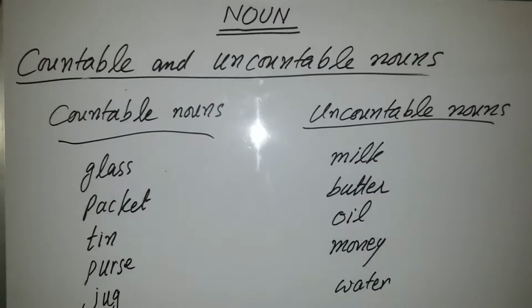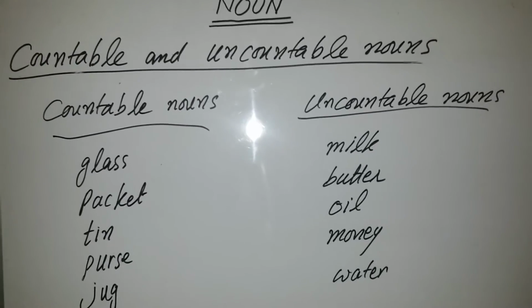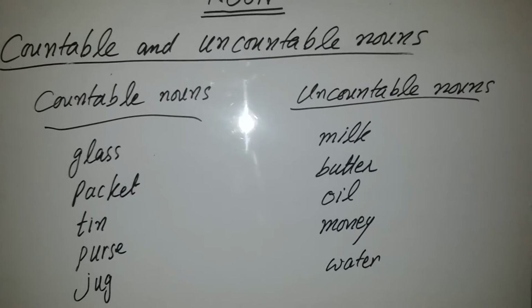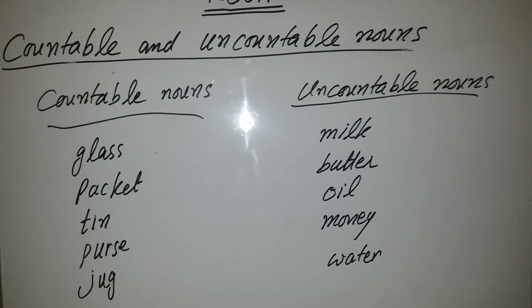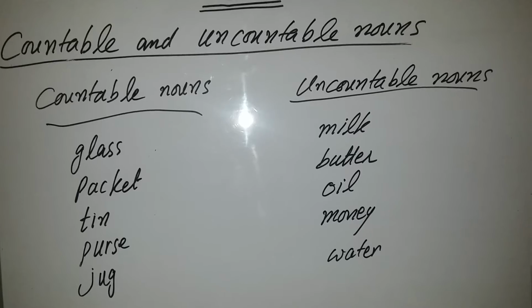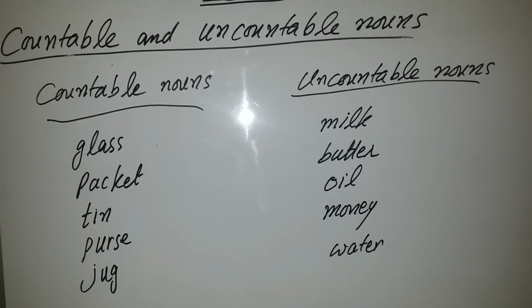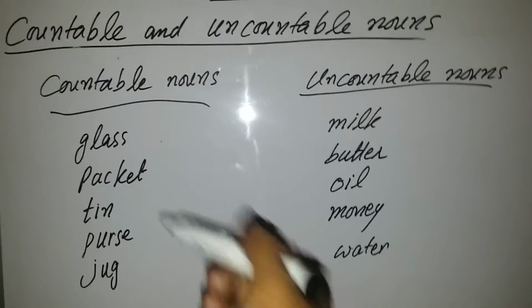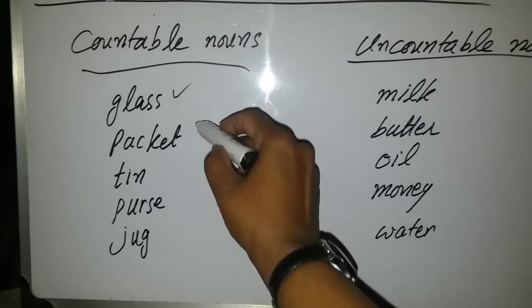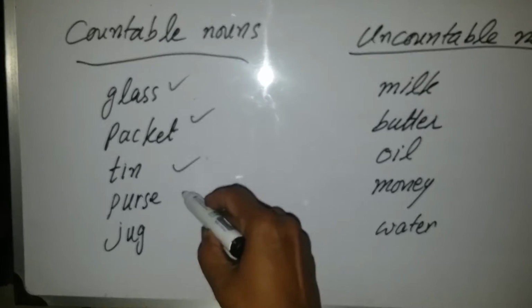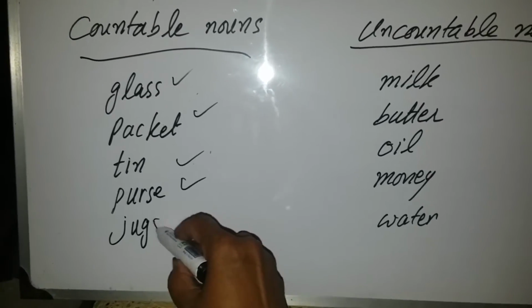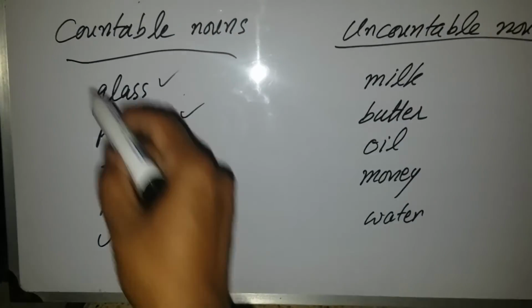Now these are examples of countable and uncountable nouns. The first list is countable nouns, and in the second list you will find uncountable nouns. Now look at the first list: glass, packet, tin, purse and jug. These are all countable nouns.